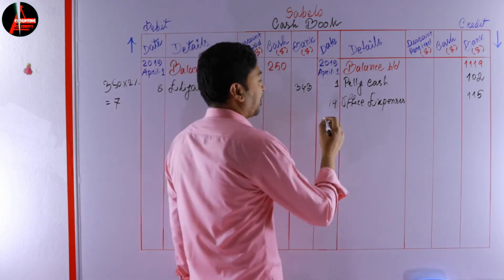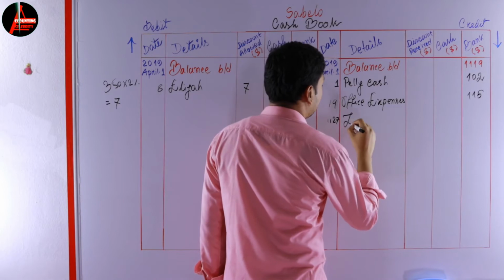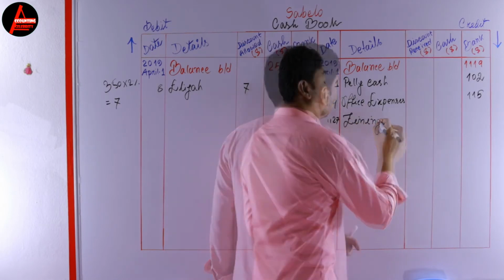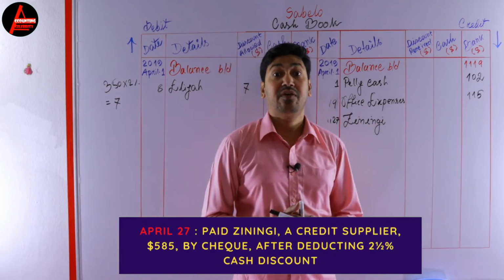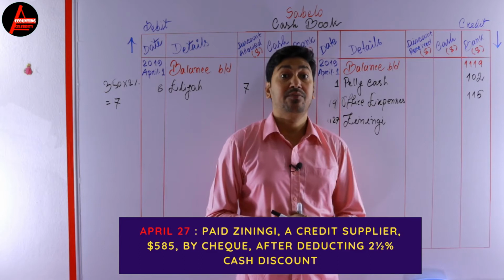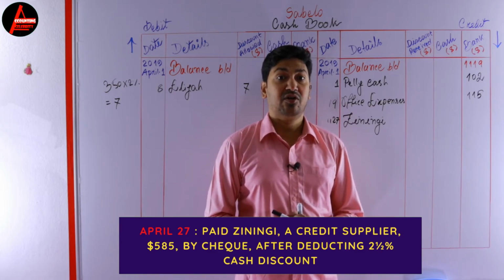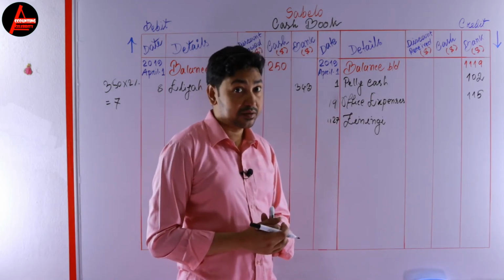So let us write here 27, Jininji. So what is the value here? In the question it is given that $585 after 2.5% discount. So what will be the value here? 585?